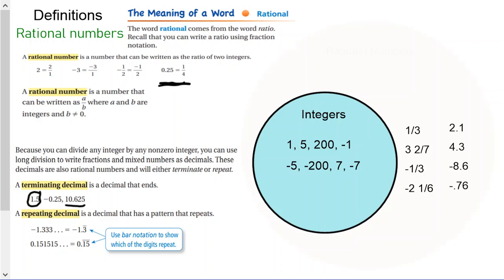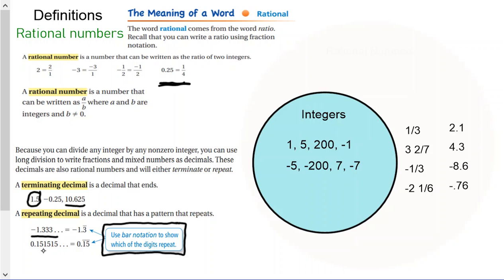But we also have repeating decimals, which means that the decimal number will continue forever in our calculators. So if we continue to divide and divide and divide, the decimal would always continue to repeat. So if you look at the negative 1.333, and it would continue, that 3 would continue on forever. So the notation that we use is bar notation, and that means that that decimal is repeating.